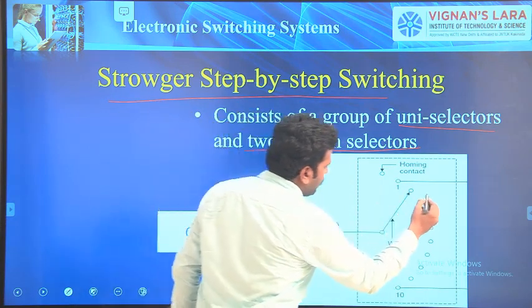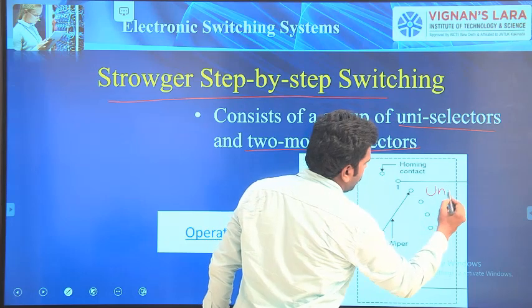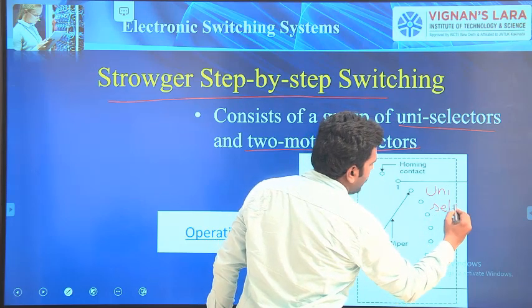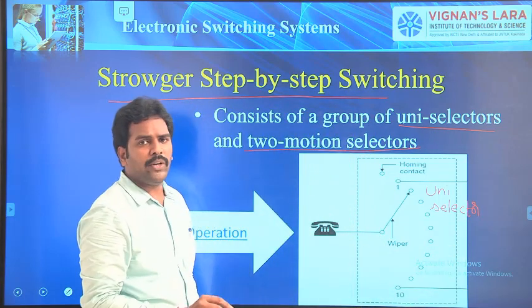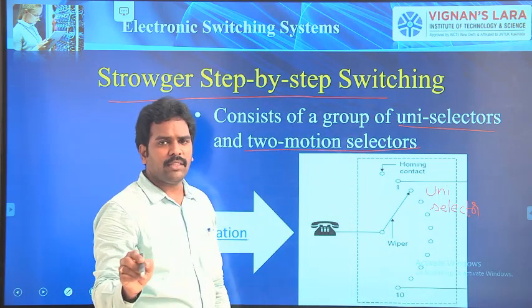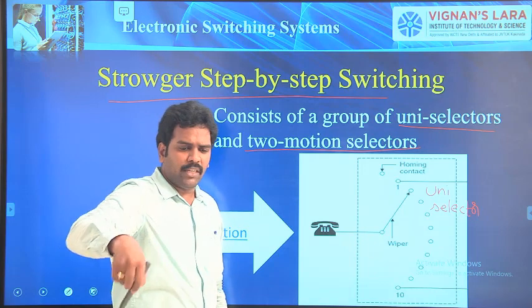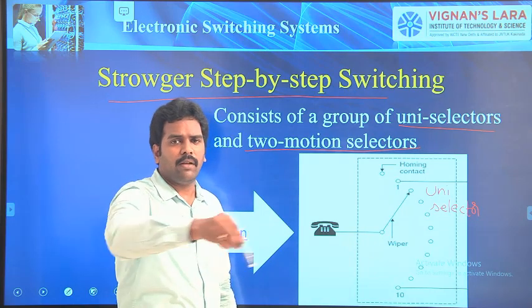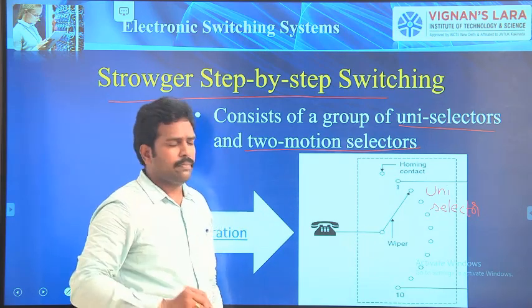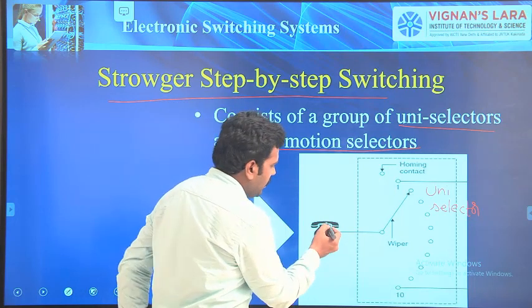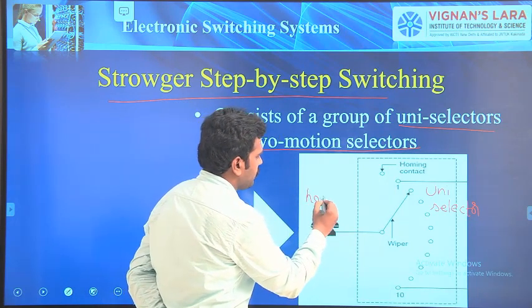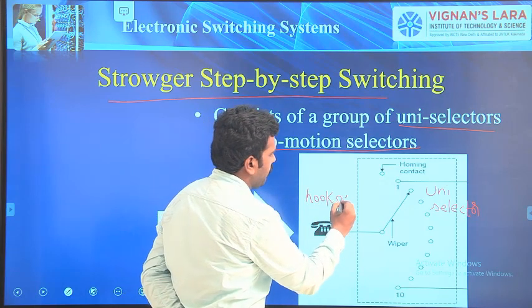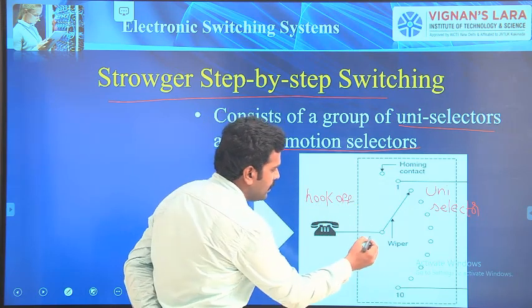So this is the uniselector. What is the meaning of uniselector? Uniselector means it is going to move in only one direction. Always the uniselector switch moves in a horizontal direction only. One way motion. Okay. So whenever the person hooks off his telephone, what happens?